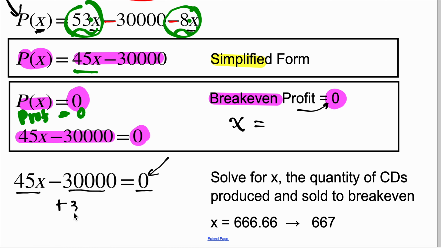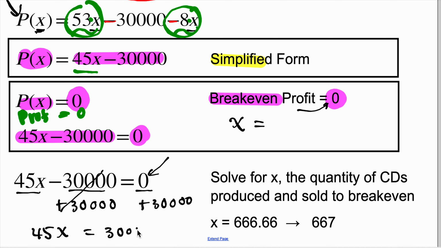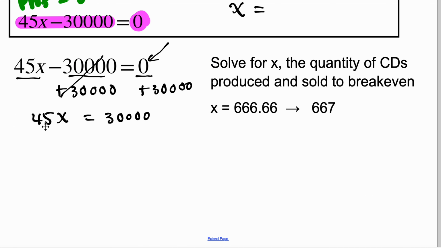So I'm going to add 3,000 to both sides. That cancels out, and I end up with 45x equals 3,000. And then, remember, my goal is to have x equals something. So now I'm going to have to divide both sides by 45.